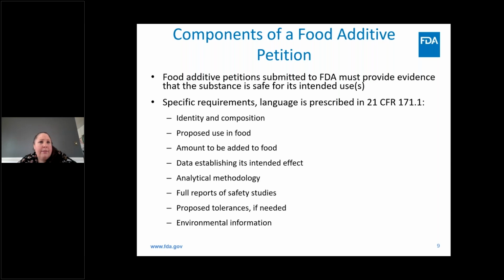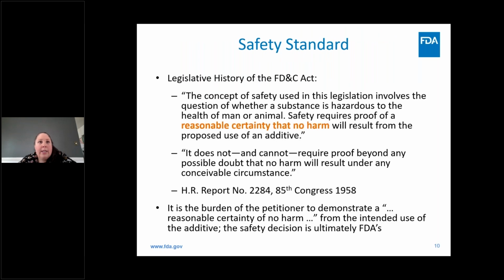When evaluating the safety of food additives, FDA considers the identity and composition of the ingredient, the intended uses, and the amount that would be typically consumed. And we also evaluate safety data and information on the substance to establish with a reasonable certainty that no harm would result from consumption. So I hinted at that on the previous slide, the safety standard that we use.